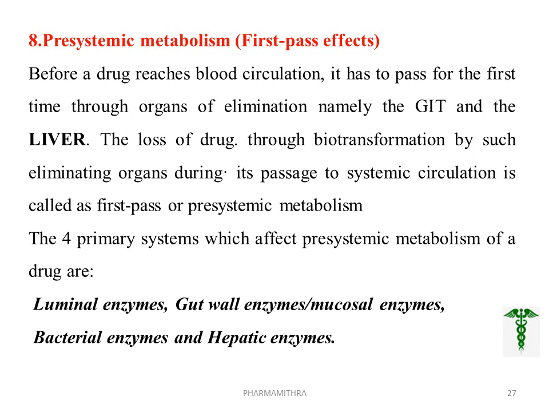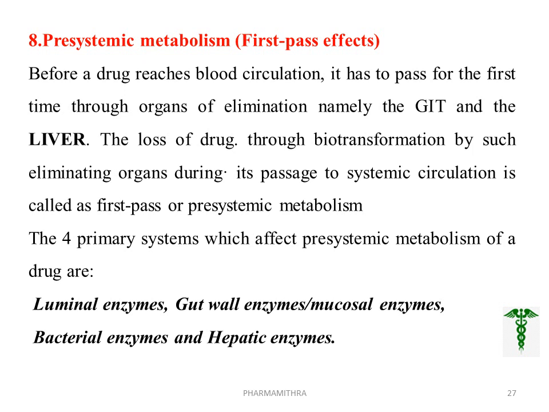What is first pass or pre-systemic metabolism? That is, before a drug reaches the systemic circulation or blood, it has to pass for the first time through organs such as GIT and liver. So there may be a chance of loss of drug through biotransformation by such eliminating organs during its passage into the systemic circulation.